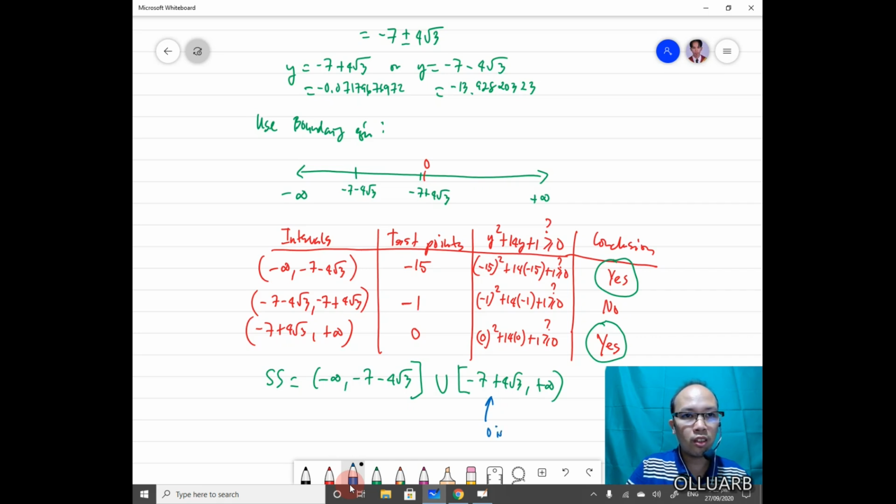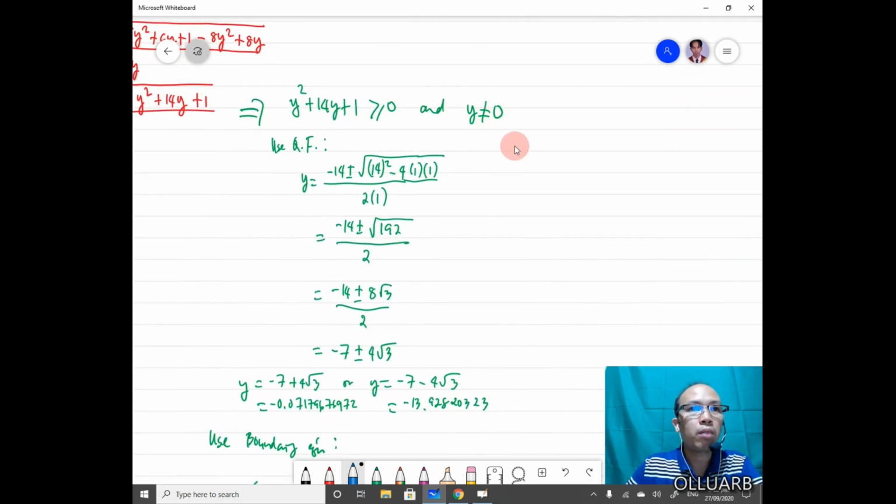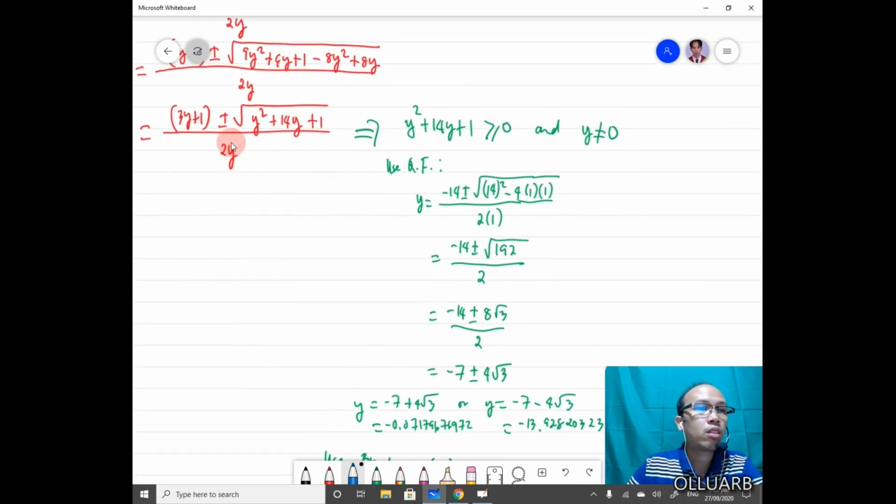0 is inside, and please remember that I wrote before that the zero value must not be included in the range, as you can see here.